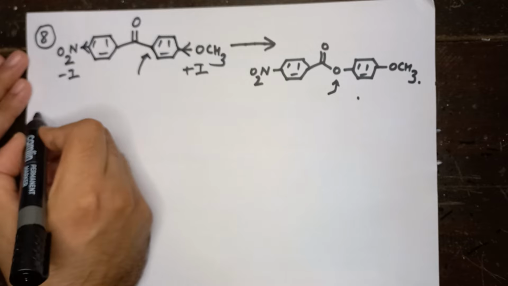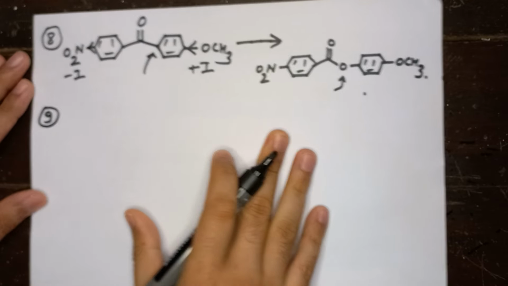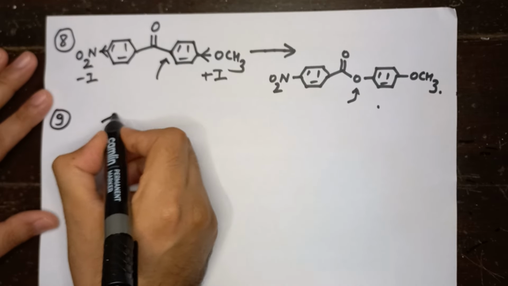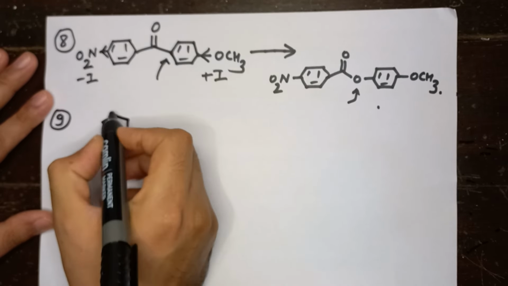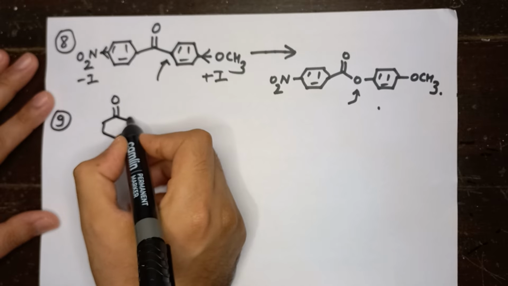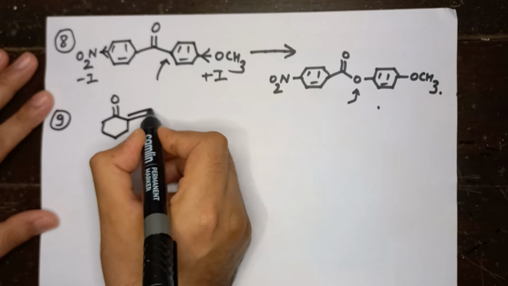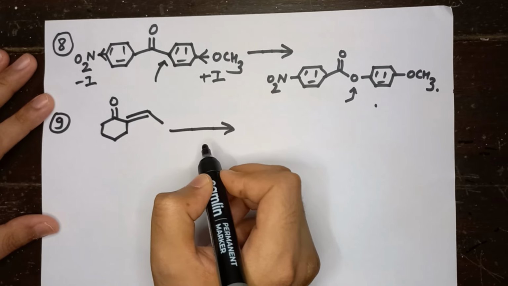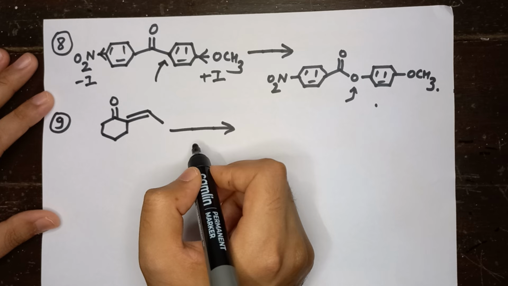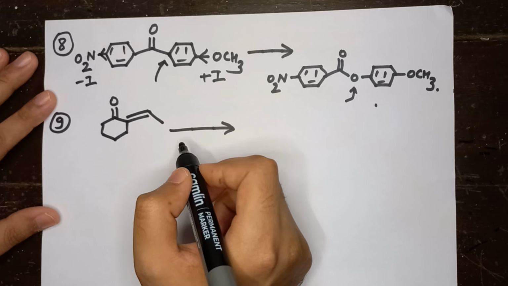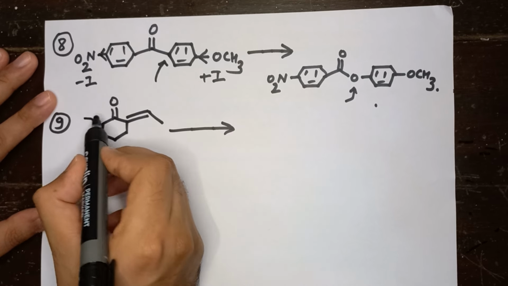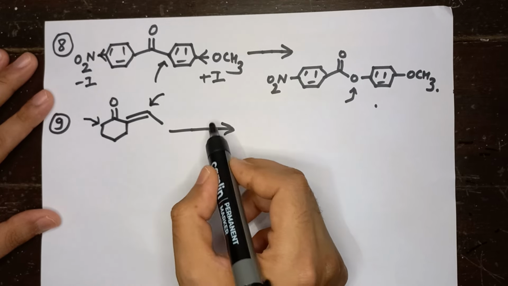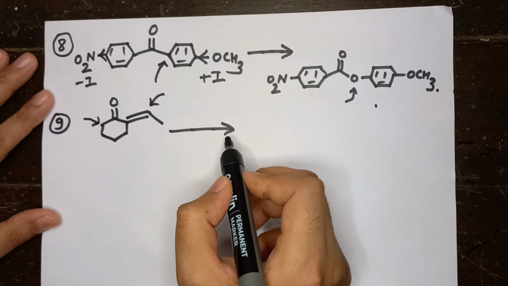Okay, one more example. Let's say I have this one, and I'm doing Baeyer Villiger oxidation. Okay, so we know that as compared to a single bond, when it comes to a double bond, the electron density or the electron cloud in the pi system is more.